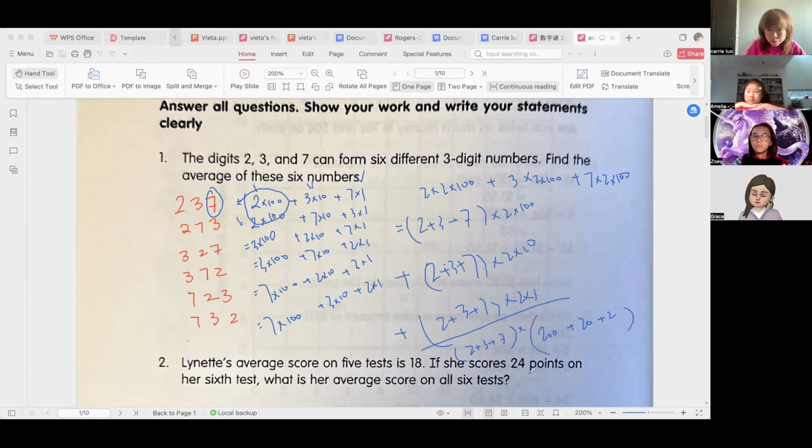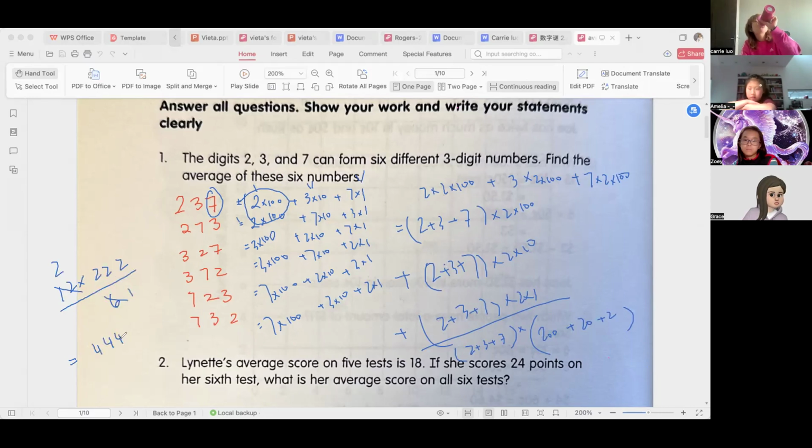So that's why the answer became 12 times 222. And we need to divide it by 6 to calculate the average number. So 12 divided by 6 equals 2, and 6 divided by 6 equals 1. So the answer is 444. You understand, Zoe? Understand, Grace?